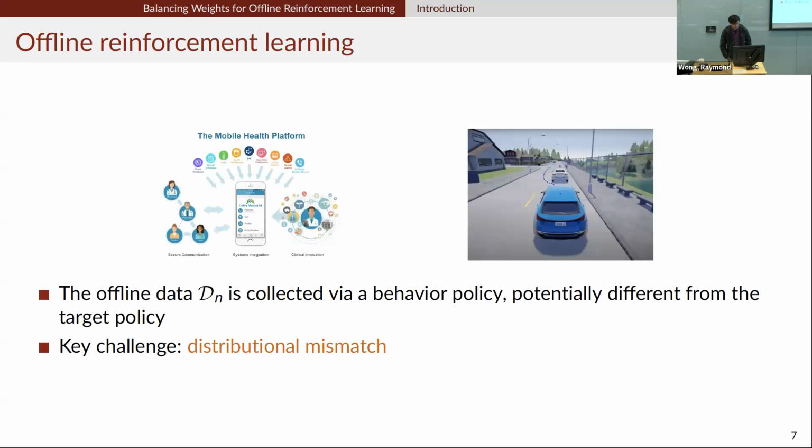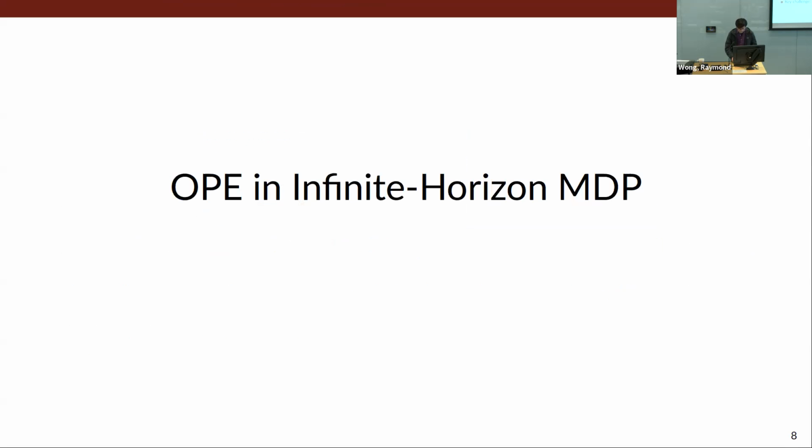This offline data set might be collected based on a different strategy, and this usually leads to distributional mismatch or distributional shift, which constitutes a major challenge of the offline setting. Usually the offline setting is regarded as a more challenging setting than the online setting. And in this talk, we're going to focus on the offline setting.